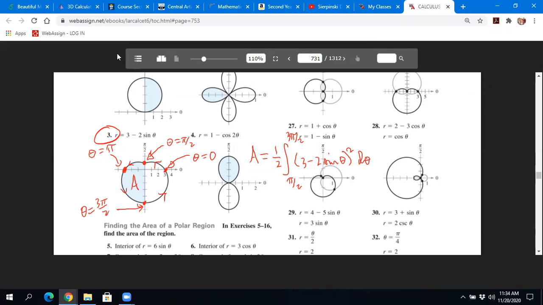So now it's just a matter of doing the integration, and being careful the way that we proceed here. So it's going to be 1/2 the integral from pi over 2 to 3 pi over 2. If I square this out, it's going to be 9 minus 6 sine of theta. That happens twice, doesn't it?